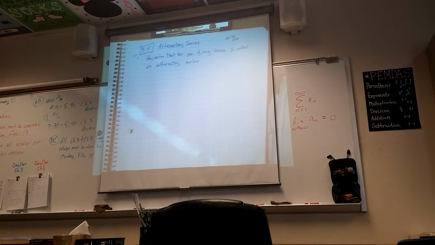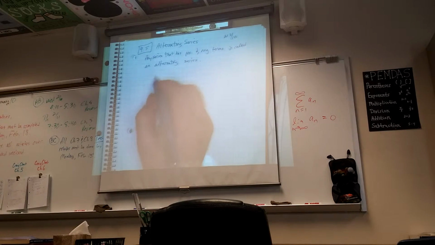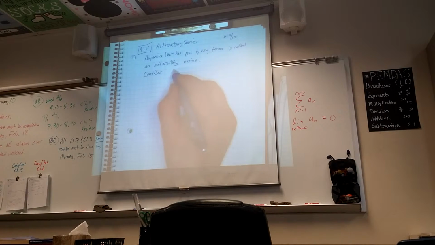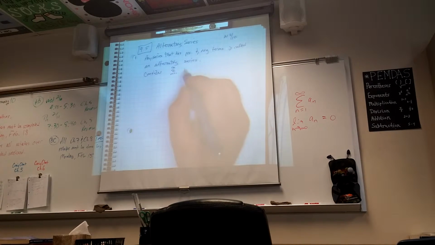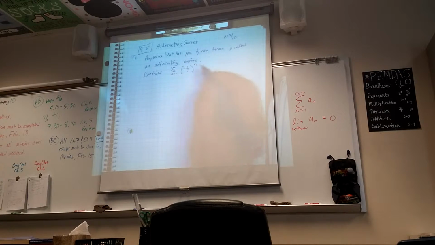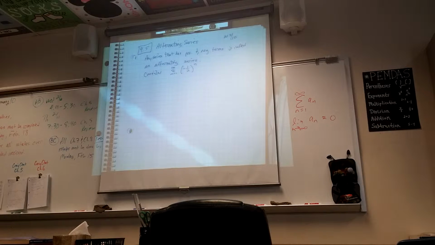And it would look like this. We'd like you to consider something that would look like this. The sum from n equals 1 to infinity, parentheses, negative 1/2 to the nth power. Okay?